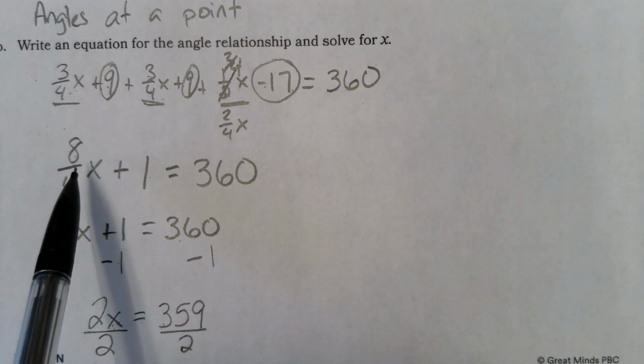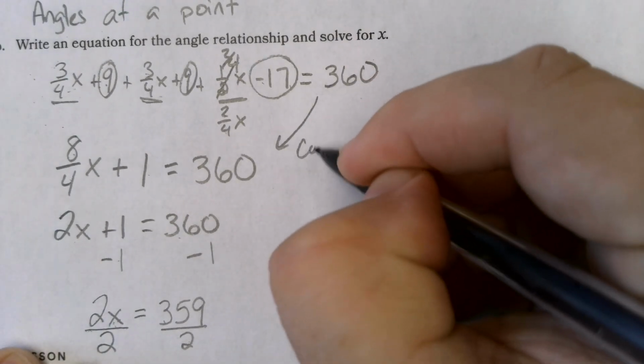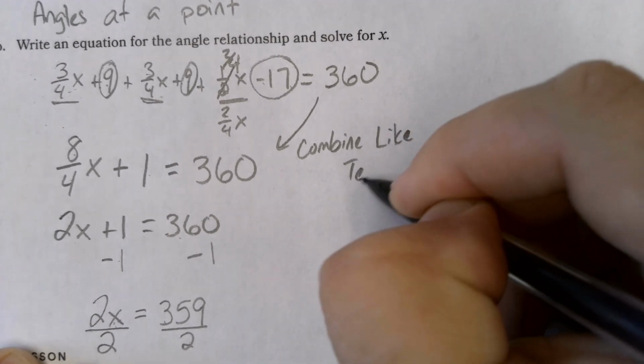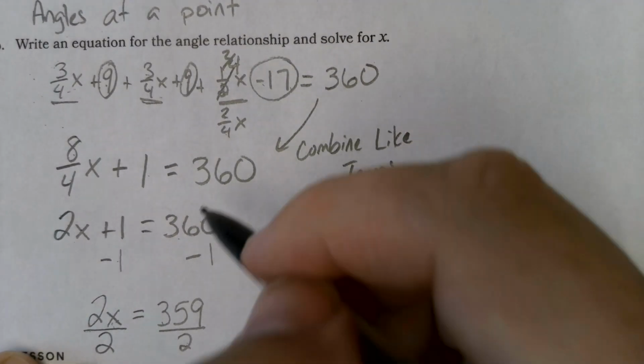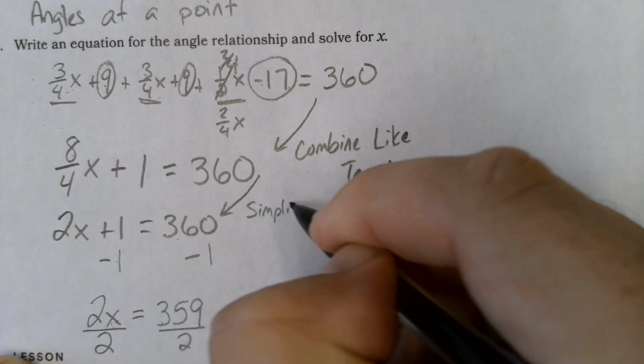Combine your like terms. So if we're going to go from here to here, combine like terms. To go from here to here, we just simplified the fraction.